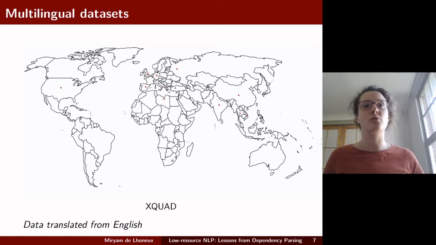And the same is true for XQuAD, another popular multilingual dataset for question answering, which also has not extremely diverse typological diversity, although maybe a little bit more than XNLI.